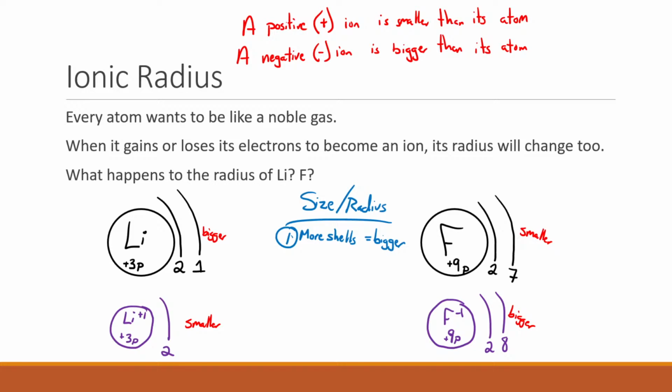If we're looking, then, at two things that have the same number of shells, if we're looking at lithium and fluorine, which both have two shells, the second thing that determines which one is going to be bigger is going to end up being the nuclear charge.